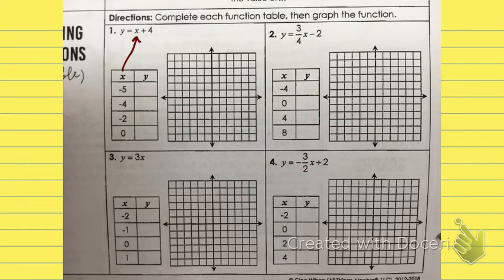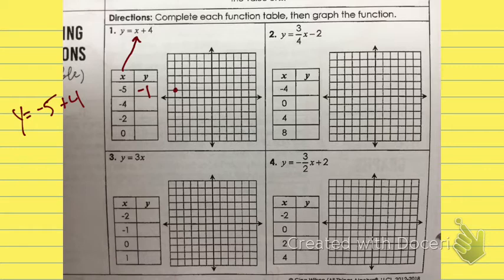So when x is -5, what is y? Well, y is equal to x, which in this case is -5, plus 4. So -5 plus 4 is -1, which tells me when x is -5, y is -1.